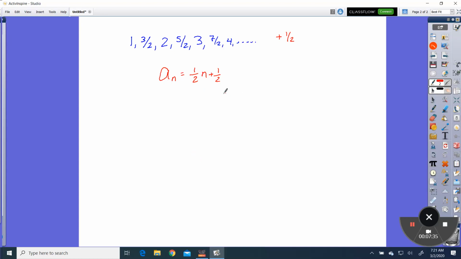Okay. So if you wanted to find the 10th term, you could just plug in 10 for n, and that will generate the 10th term. Okay. So half of 10 is 5, plus 1 half is 5 halves, which is 5 and 1 half, which is 11 halves, or 5.5.